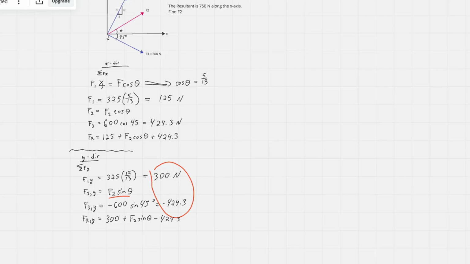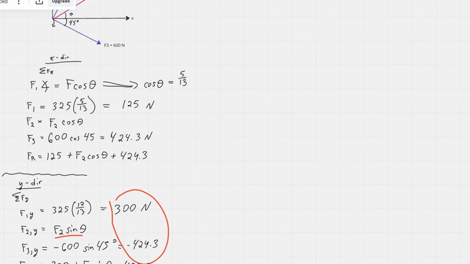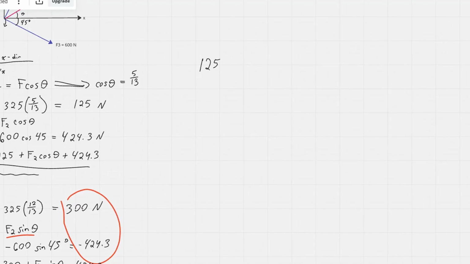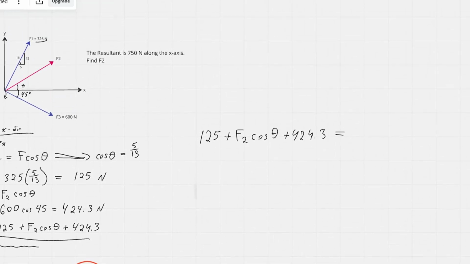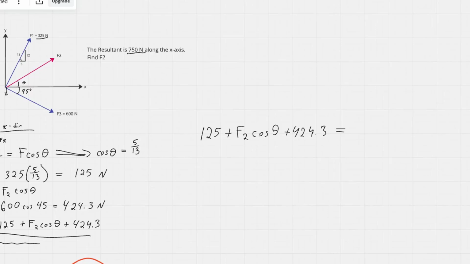We're given our resultant force, okay? So here's our x direction. We have this equation, 125, given by this, plus F2 cosine of theta plus 424.3 equals, and in the question, it gives us our newtons for the resultant.